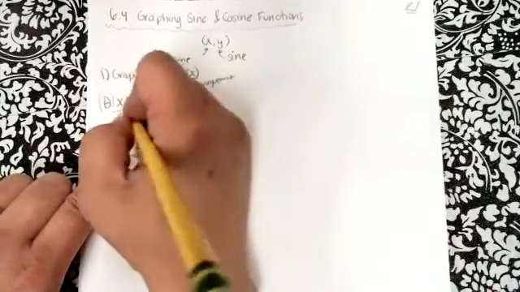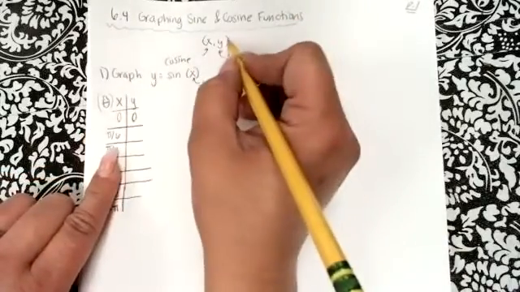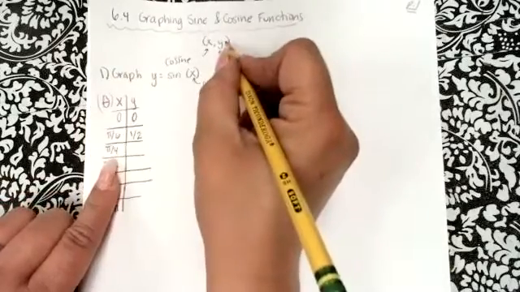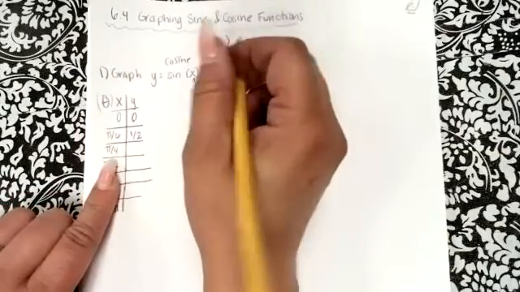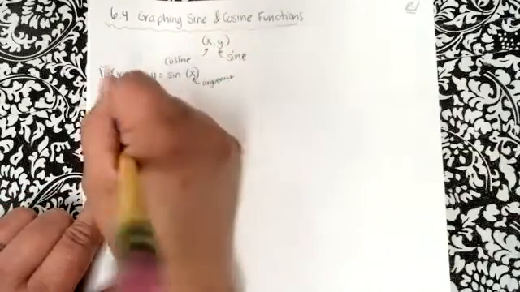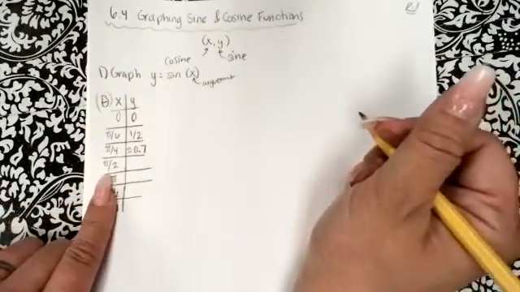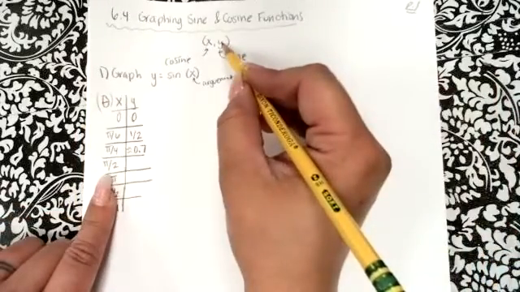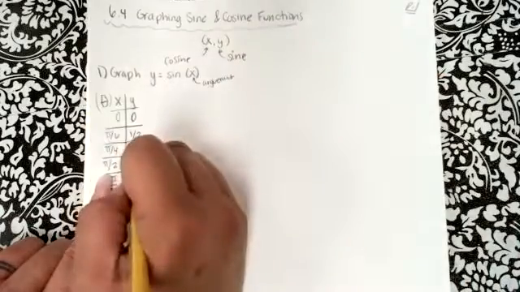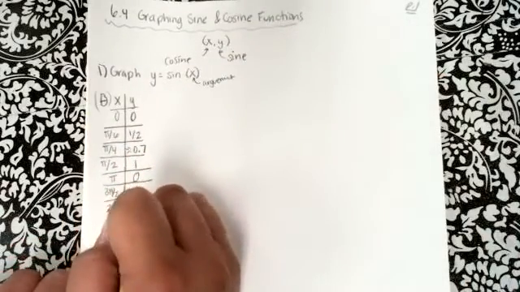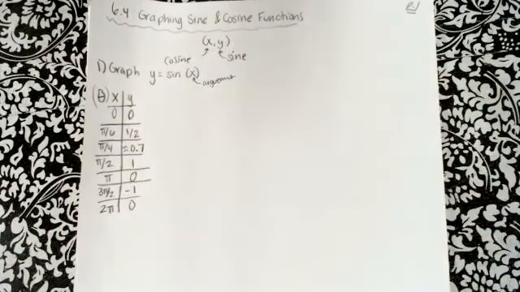The y value at 0 is 0. The y value at pi over 6 is 1/2. The y value at pi over 4 is square root of 2 over 2, which is approximately 0.7. The y value at pi over 2 is 1, then 0, -1, and 0.